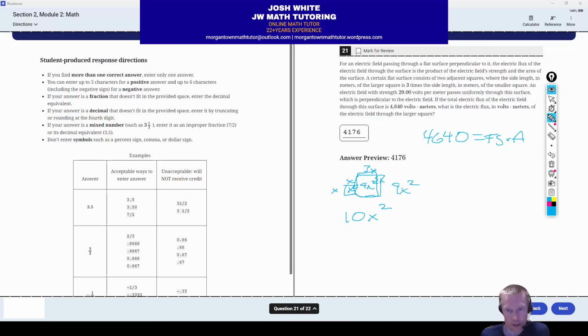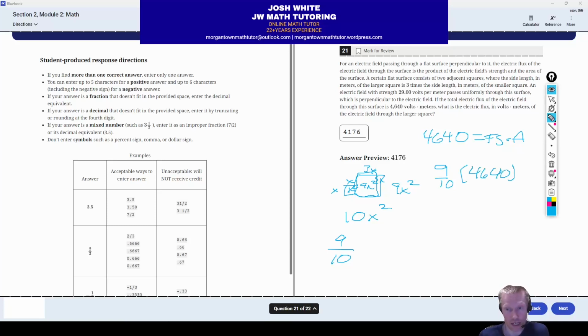So that means the area of the large square as a percentage of the total area is just 9 over 10, 9/10, 90%. So therefore, the flux which goes through this larger square is just 9/10 or 90% of the total.